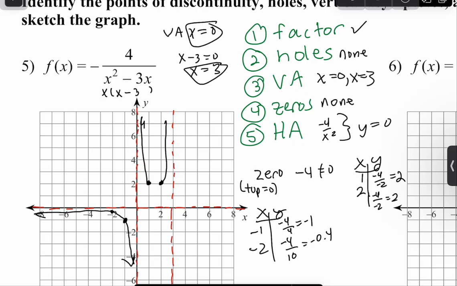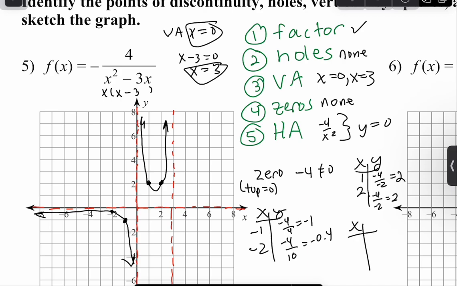I can't go so low that I'm here. You could plug in negative 1.5 or positive 1.5 right there if you want, but let's just make a little parabola-like thing right there. But we know don't make it so low it can't cross this line. So you could make it that far down, but you can't make it touch that because there are no zeros.